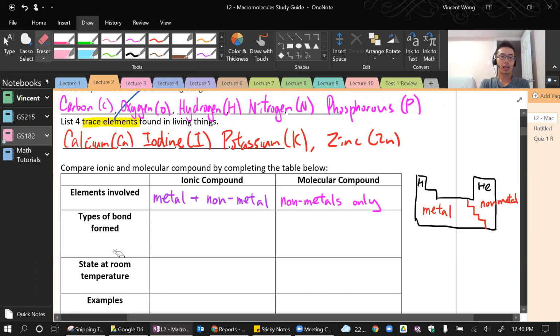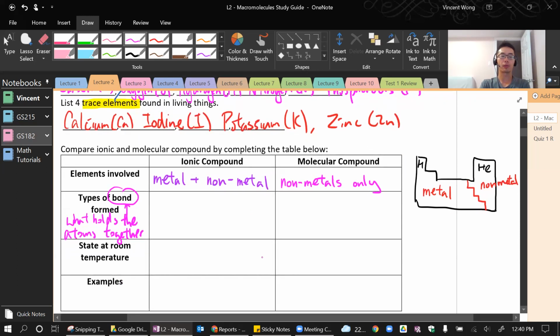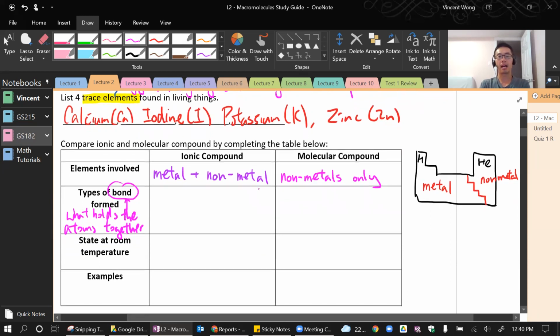So types of bond formed. A bond is basically what holds the atoms together. Okay, they're like molecular glue that glues the atoms together in a compound. So there are 2 types of bonds you can have.